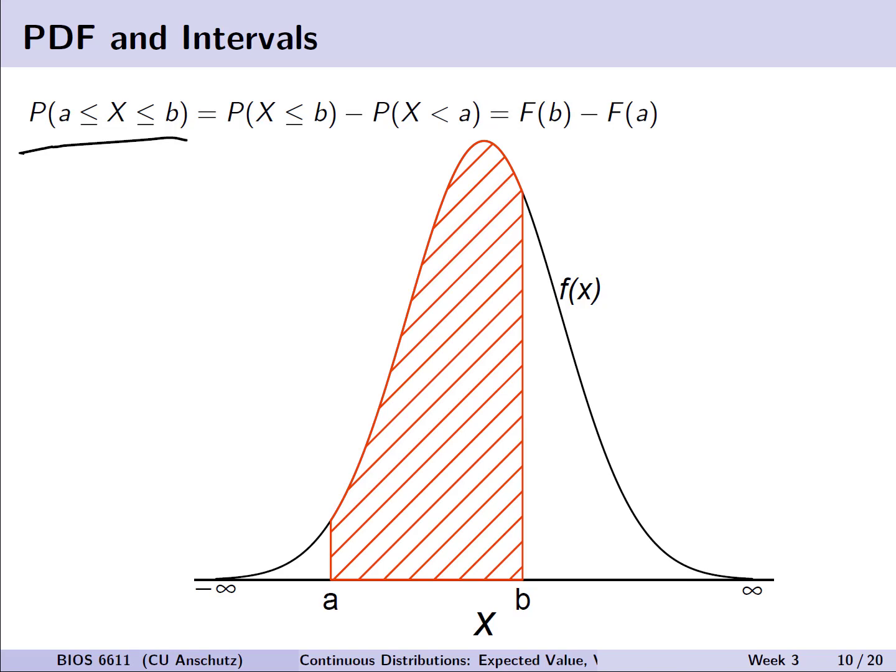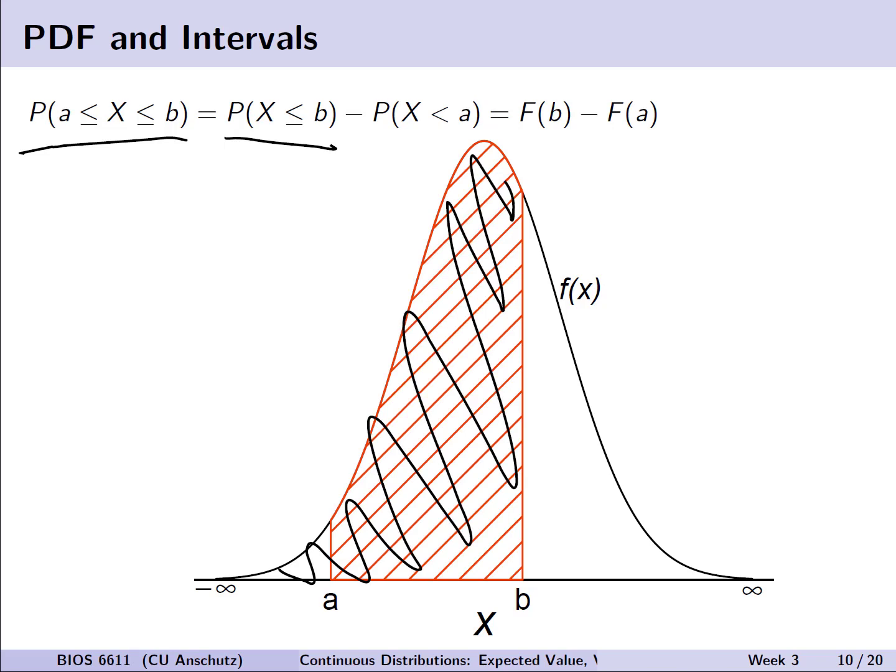Now, one of the ways we can tie this back to the cumulative distribution function we'll touch on the next slide is that we can break this out into two different calculations. We can look at, well, what's the probability that x is less than or equal to b? In other words, if we look at our actual figure here, if we do everything to the left of b, so going all the way down to negative infinity, and subtract from that the area that we should actually not have shaded in because it's excluded right here, for the probability that x is less than a.